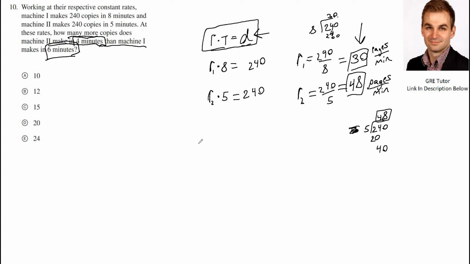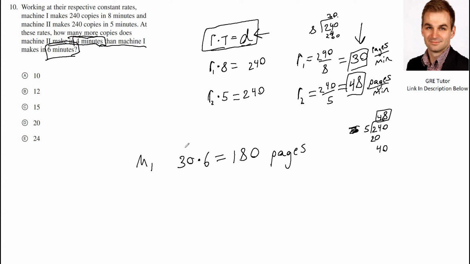Alright, so machine 1. For machine 1, you are going to be working for 6 minutes. You are going to make approximately 30 pages per minute, which is going to lead you to a total of 30 times 6 is 180 pages.